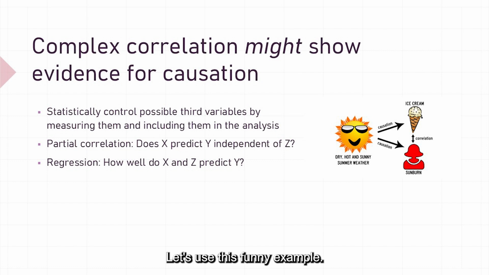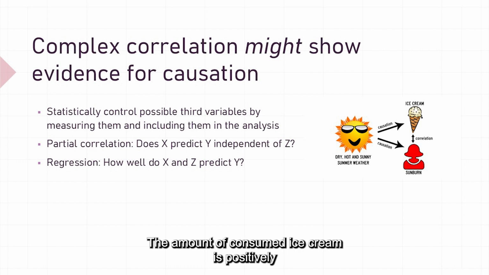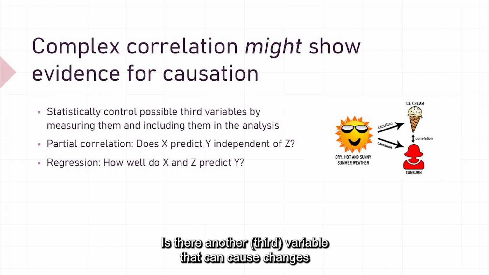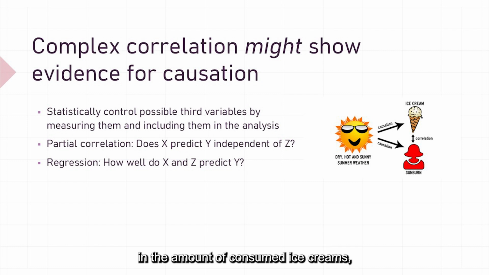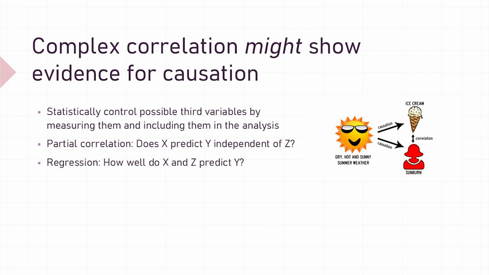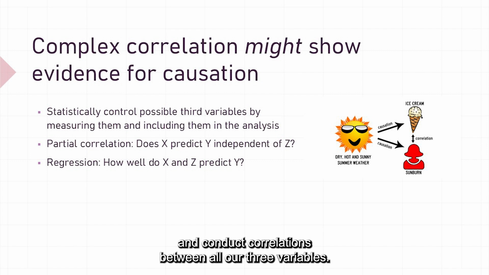Let's use this funny example: the amount of consumed ice cream is positively correlated with the number of sunburns. Is there a third variable that can cause changes in the amount of consumed ice cream and the number of sunburns? We can measure it and conduct correlations between all our three variables.